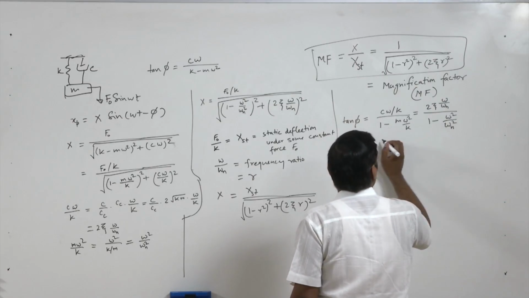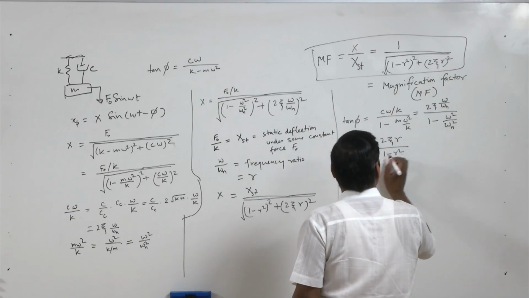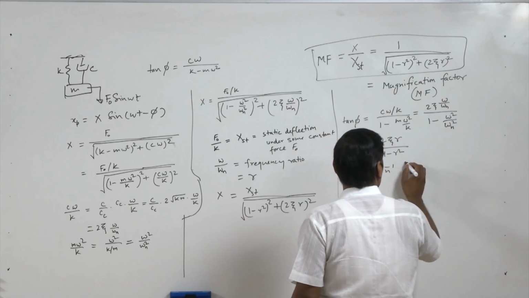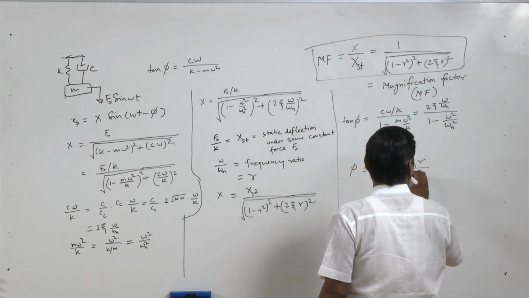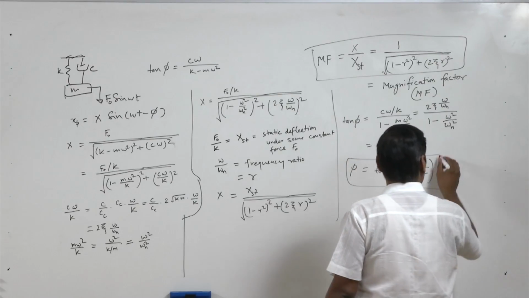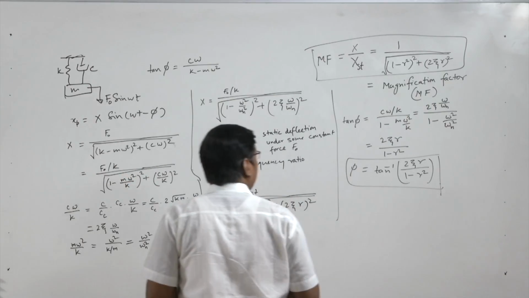So this is equal to 2 zeta r upon 1 minus r square. So phi equal to tan inverse of 2 zeta r upon 1 minus r square. So this is the phase angle of this equation.